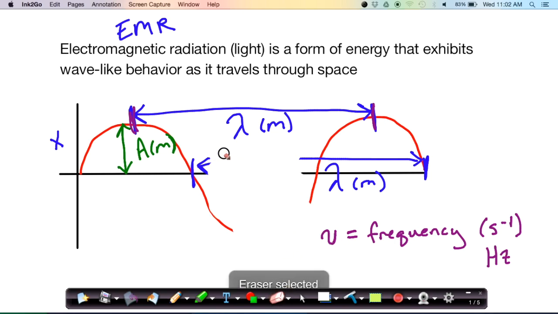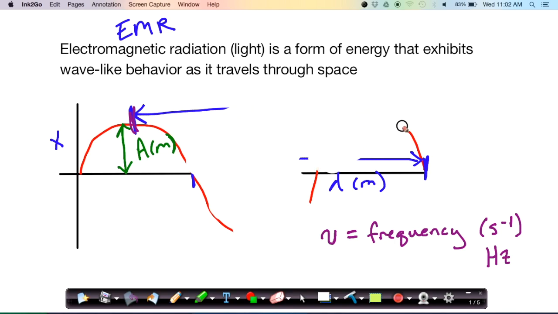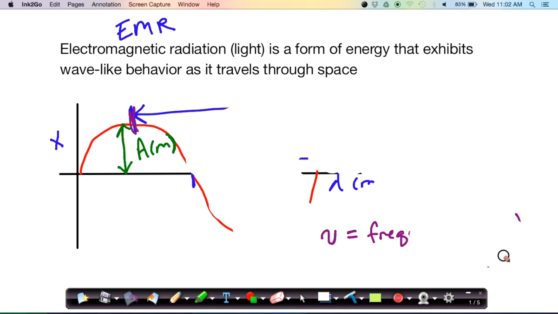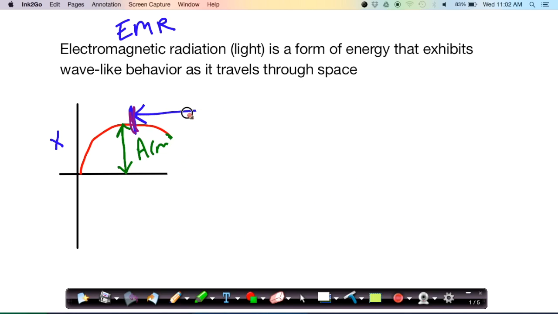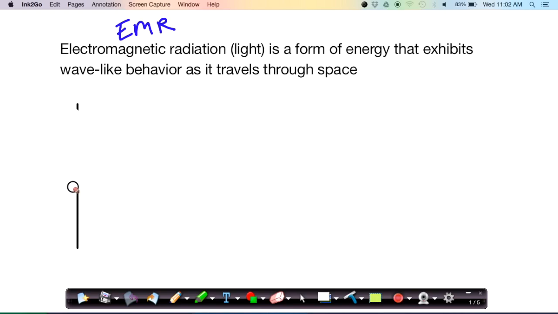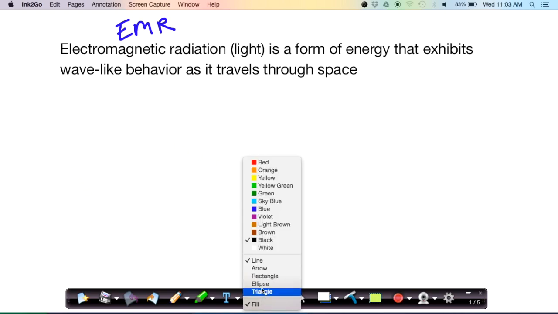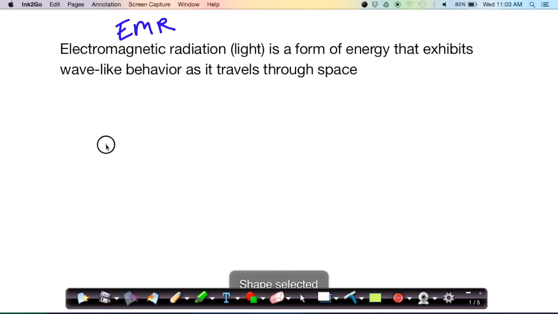So let's get ourselves a little bit of space here so we can talk a little bit about wave speed before we go forward. So distance divided by time, that's units of distance per time. So we would be looking at units like meters per second or miles per hour, kilometers per hour when we're talking about speed.